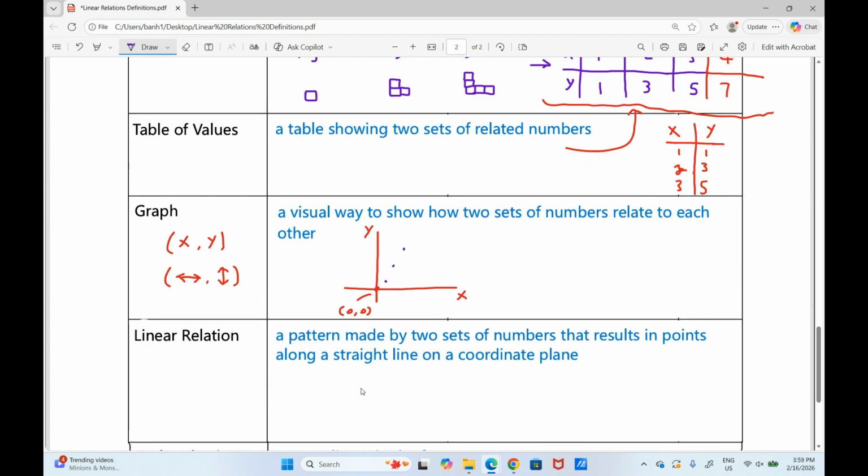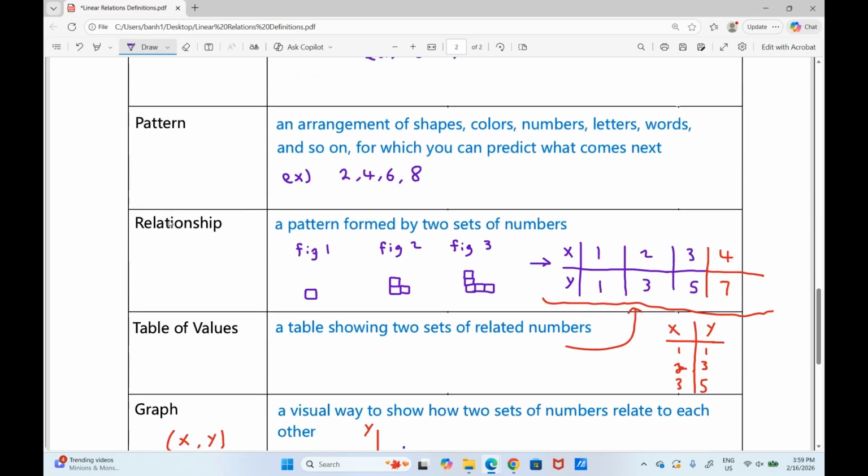So a linear relation is a pattern made by two sets of numbers that results in points along a straight line on a coordinate plane. So the linear relation would be the grid that we had, and it would just form a straight line as the pattern here. And that's what a linear relation is, and that's how it relates to a graph.